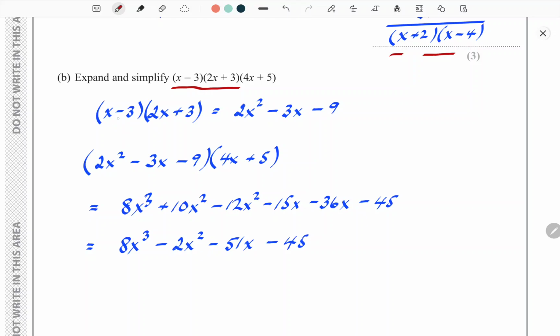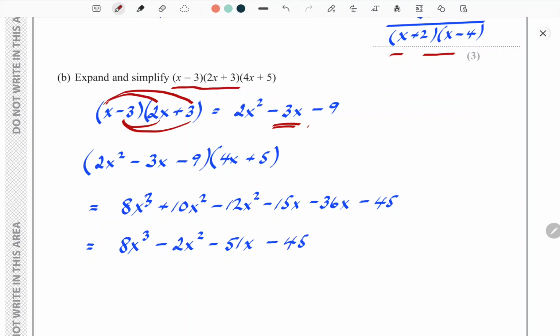I'll just go with the standard, x minus 3 times 2x plus 3, all right? And remember, you're going to times all the elements, all right? And I'll leave it to you to verify that the middle term is minus 3x, because that's effectively x times 3, 3x, minus 3 times 2x, which is minus 6x. All right. So 3x minus 6x gives you minus 3x.